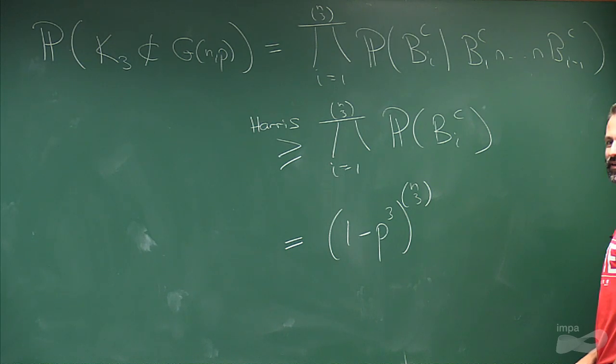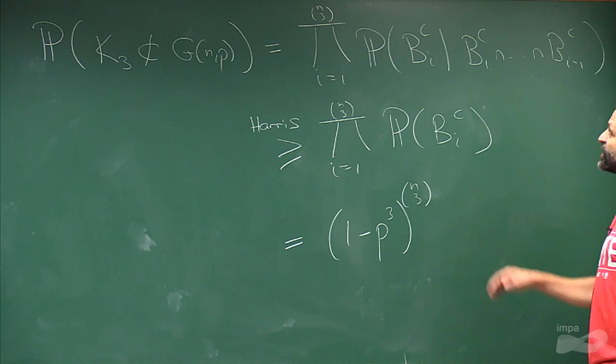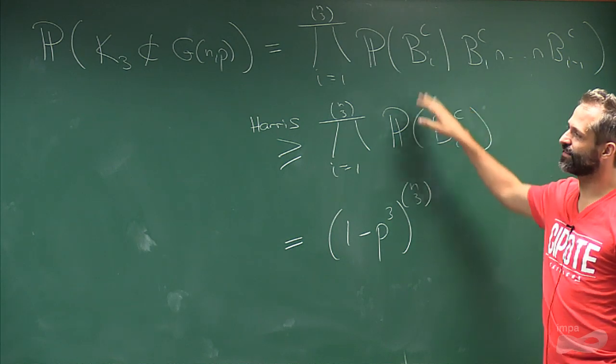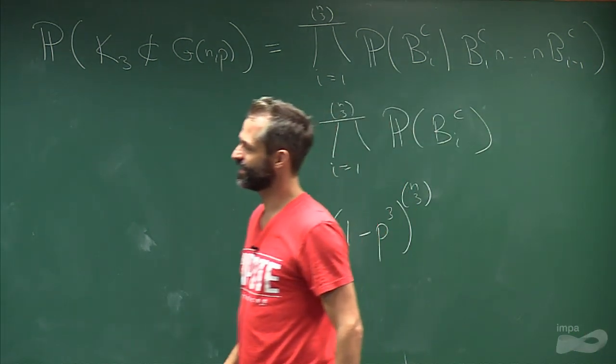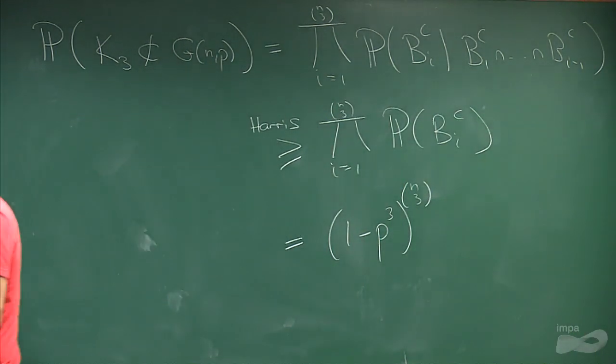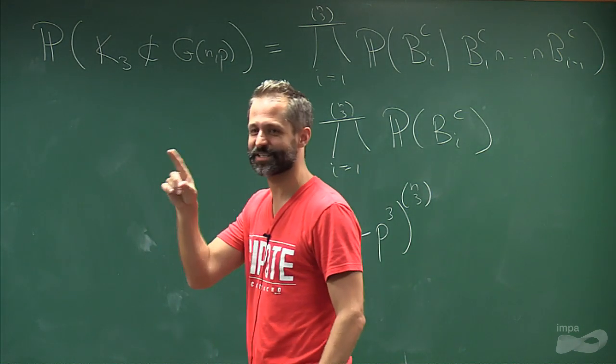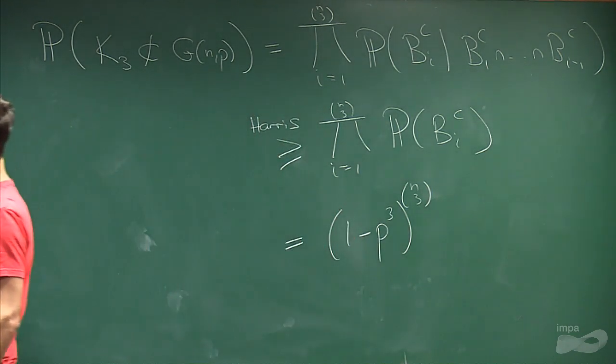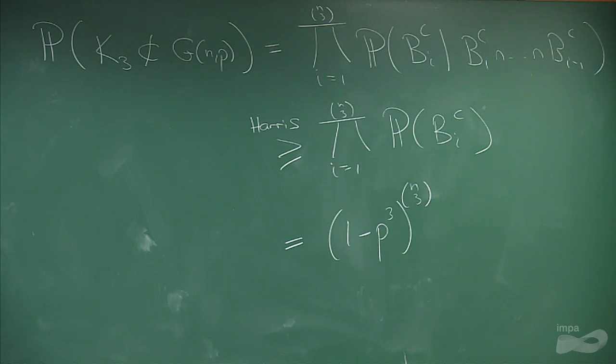Did you say decreasing? I said decreasing, yes, they're all decreasing. Thank you for the question, it's important. If they are both increasing, you get this. If they are both decreasing, you get this. If one is increasing and the other is decreasing, then you get this.